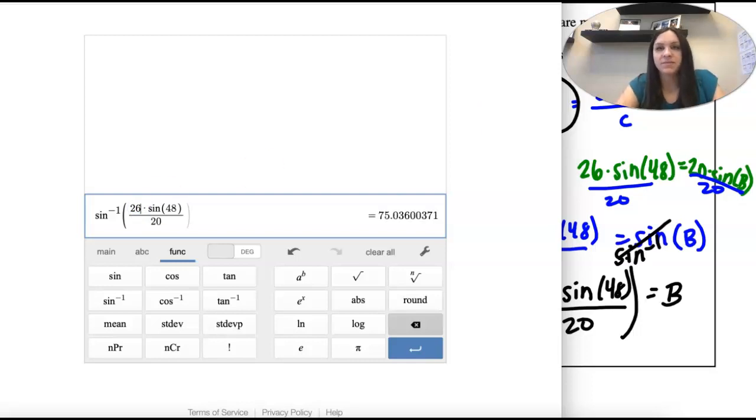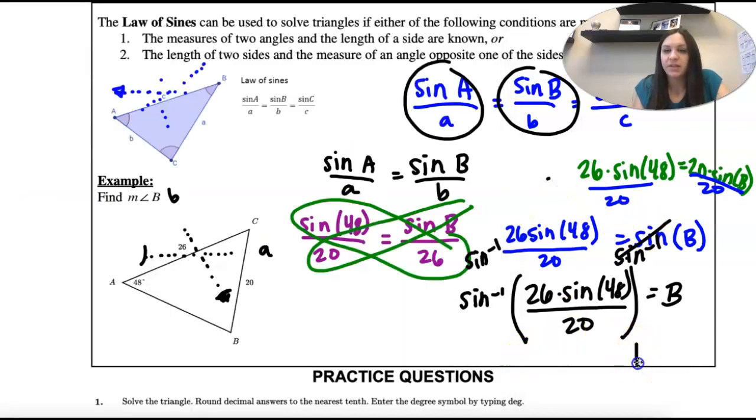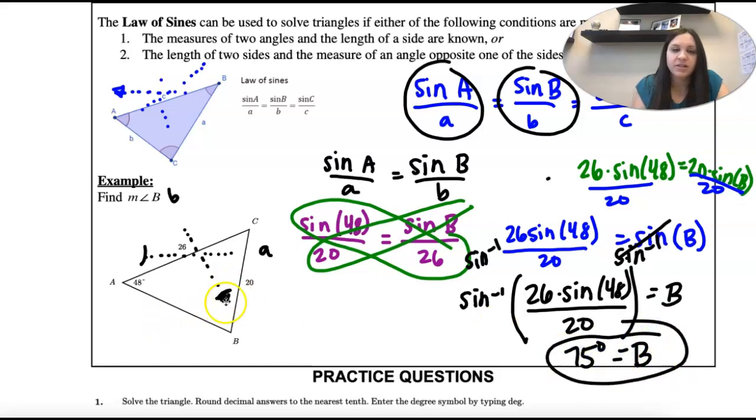Okay, so my answer, rounded to the nearest hundredth, would be 75.04. Or rounded to the nearest tenth, which your assignment asks you to do, is just 75. So B equals 75 degrees.